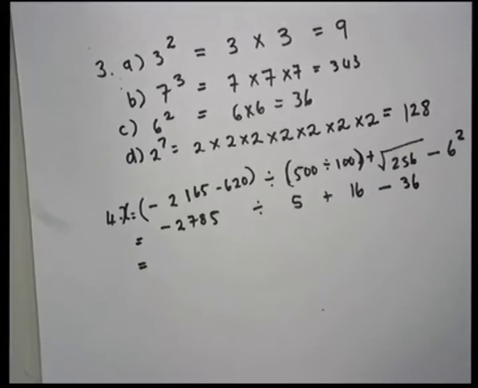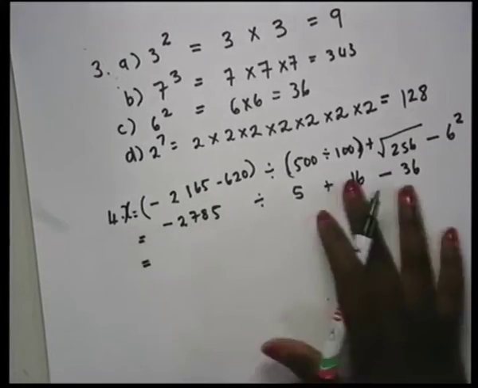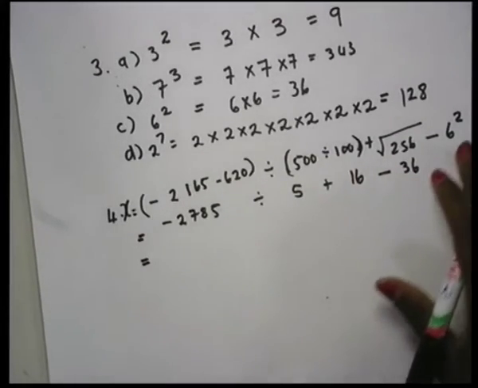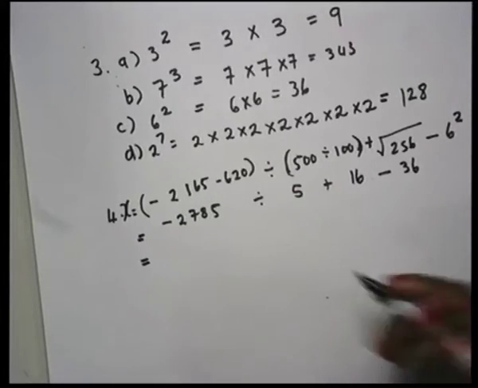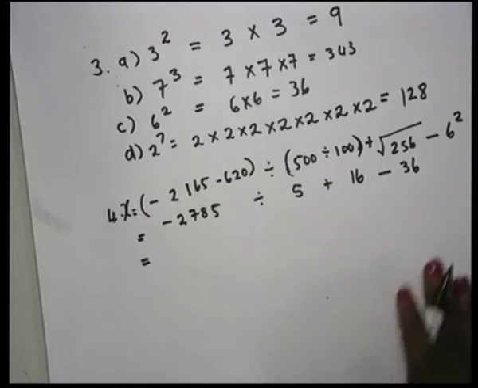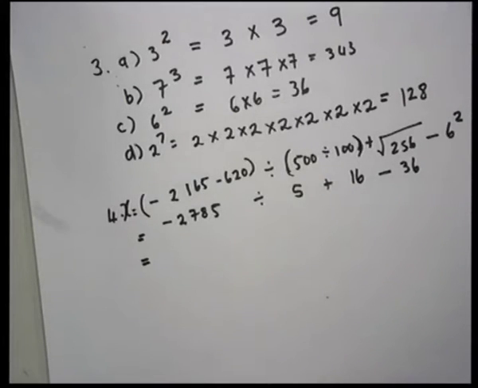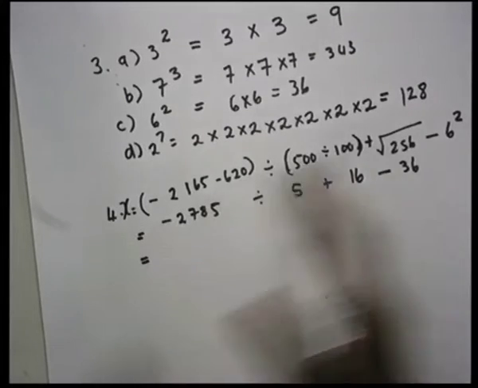Now we come to our next line. Since we've already calculated what's within the brackets and also 6 to the power of 2, now we need to break this down even further. Remember, it's brackets, then we need to work the multiplication and the division from the left-hand side to the right-hand side.